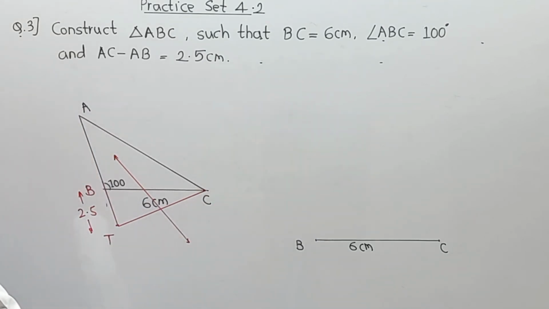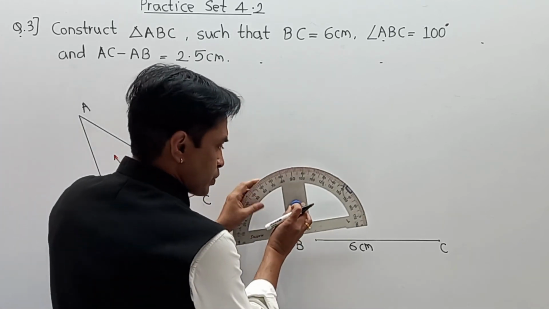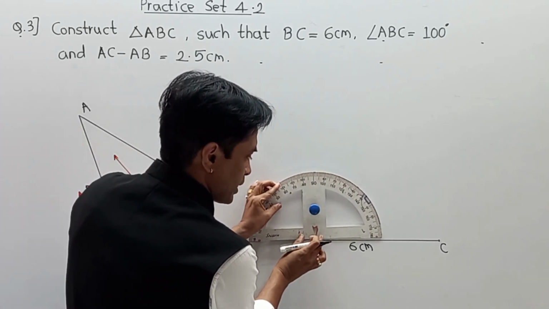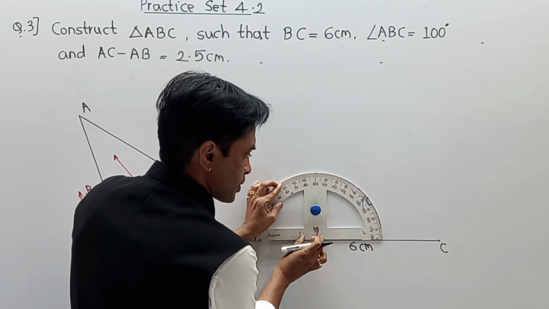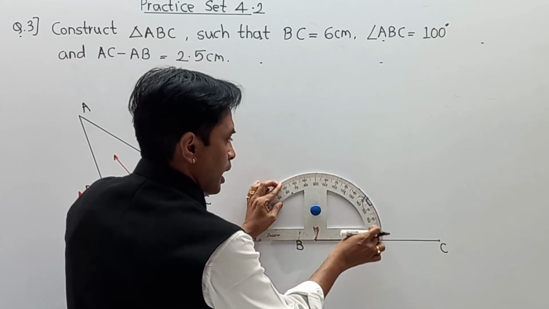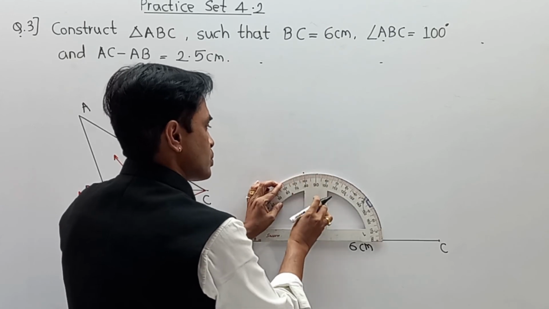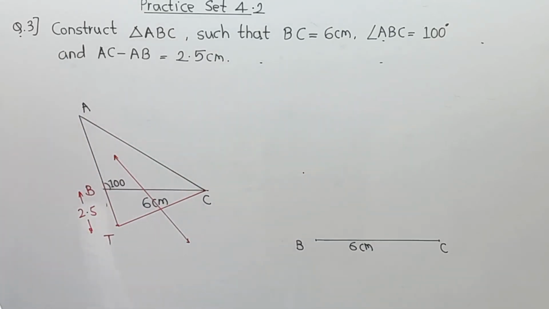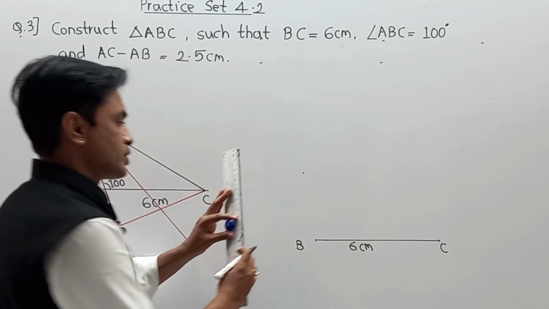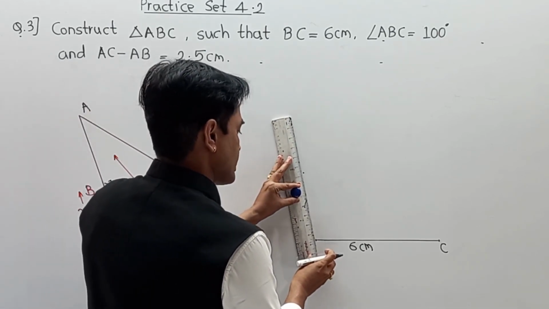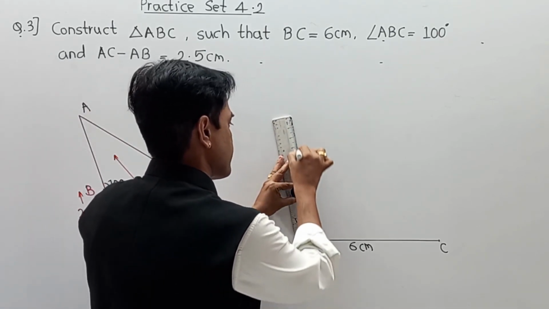So from point B, we have to take an angle measurement of 100 degree as per the given question. So the part is up to 10, 20, up to 90, and next to 90, that is 100 degree, which is over here. And now we have to draw one ray which is moving in upward direction with angle B as 100 degree.